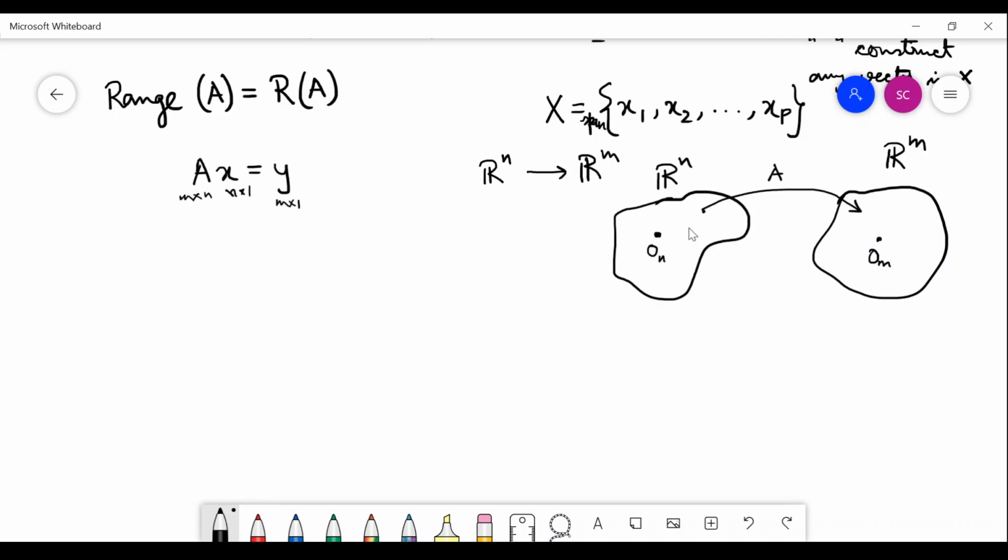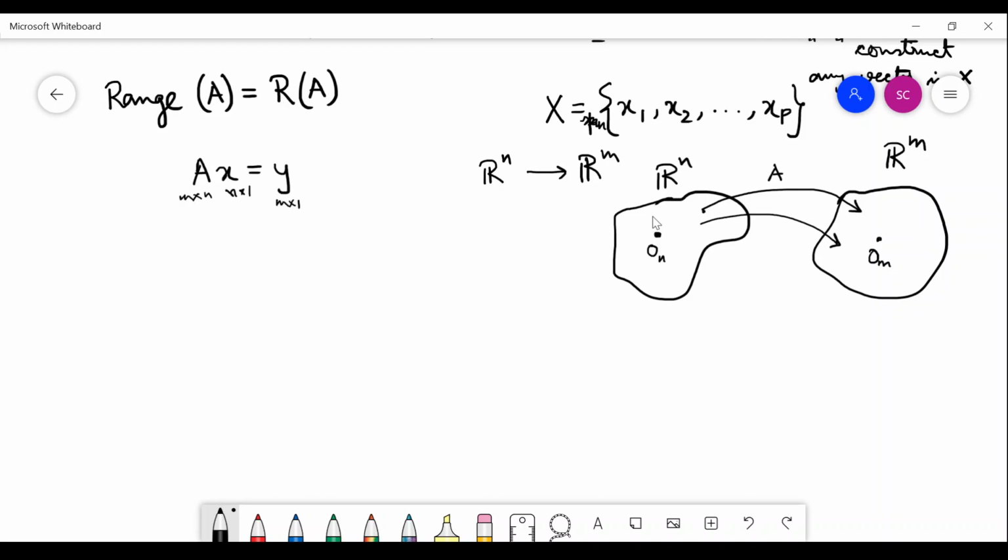So while doing this, the question arises: of course it is able to put all the vectors in the m dimensional space, but am I able to span the entire m dimensional space?